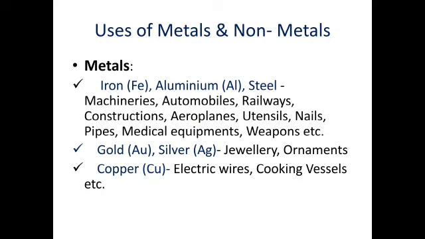Iron, aluminium, steel, etc. These kinds of metals are usually used in machineries, automobiles, railways, constructions, buildings, aeroplanes, rockets, cooking utensils, iron nails, medical equipments, weapons, etc. Then gold and silver are usually used for making jewelries, ornaments, etc. Now copper. Copper is used in electric wires, cooking vessels, etc.